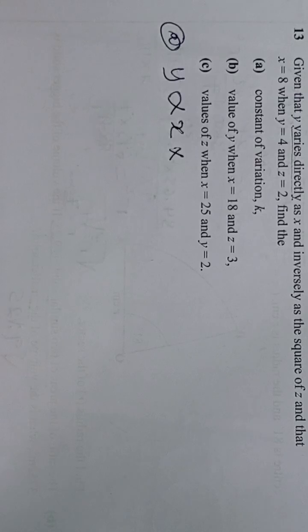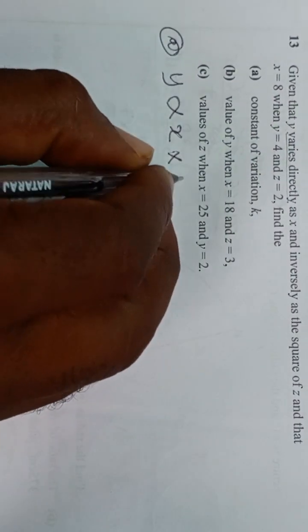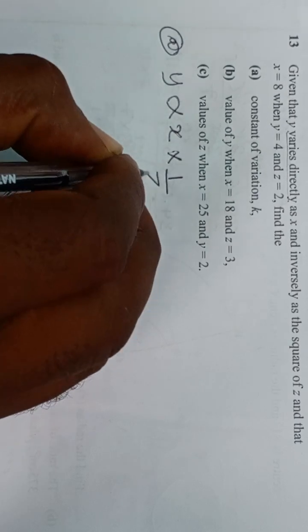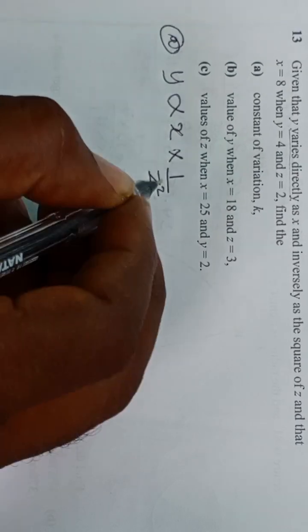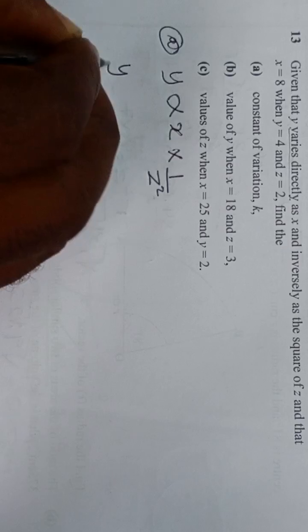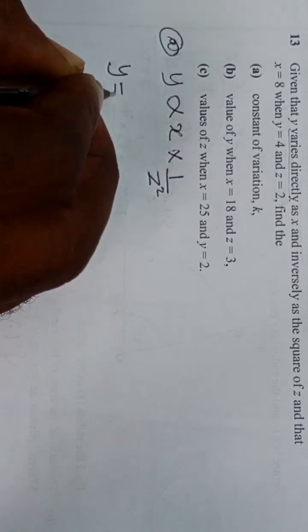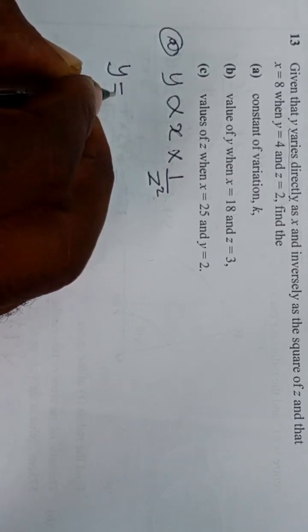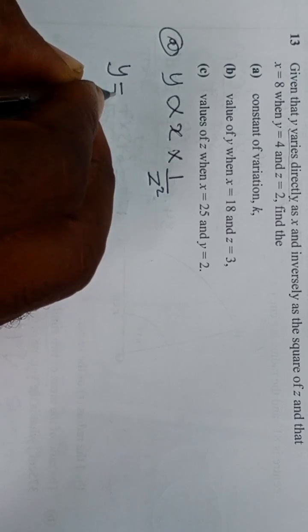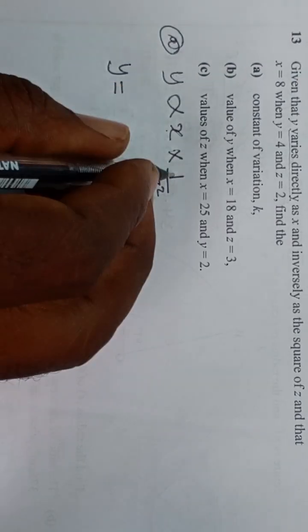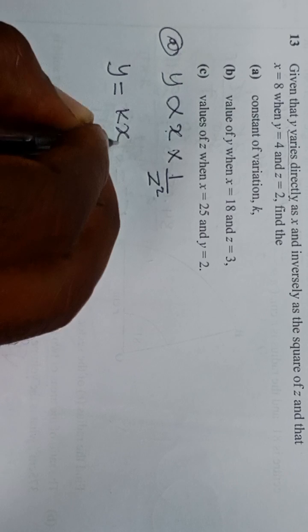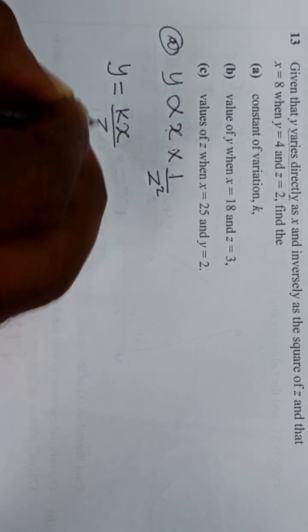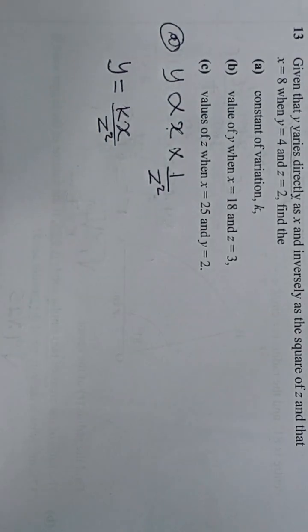The inverse of the square of z is 1 over z squared. So you say y equals, introducing the constant k, k times x times 1, it is kx over z squared.